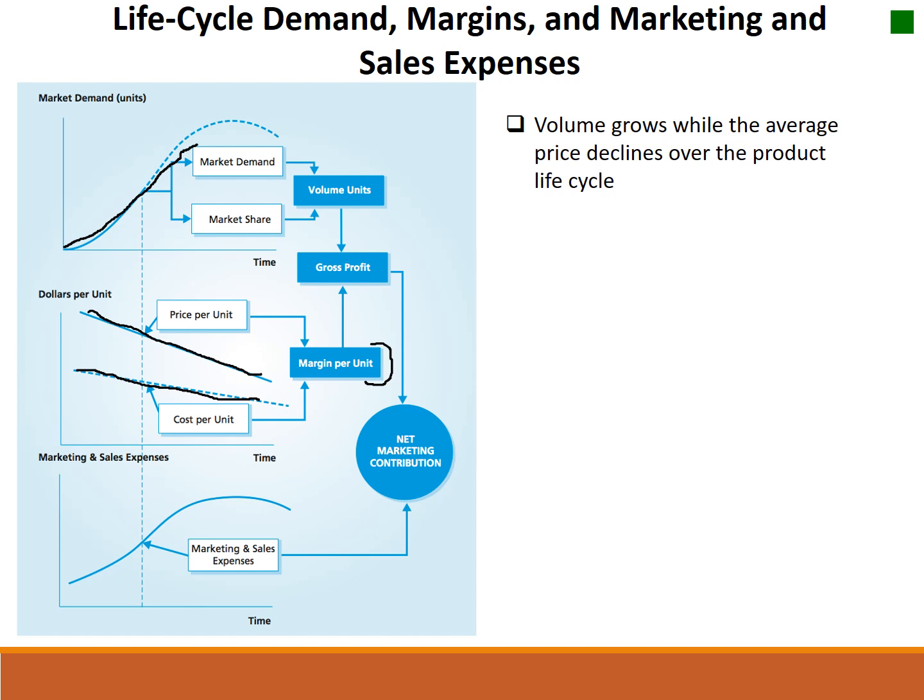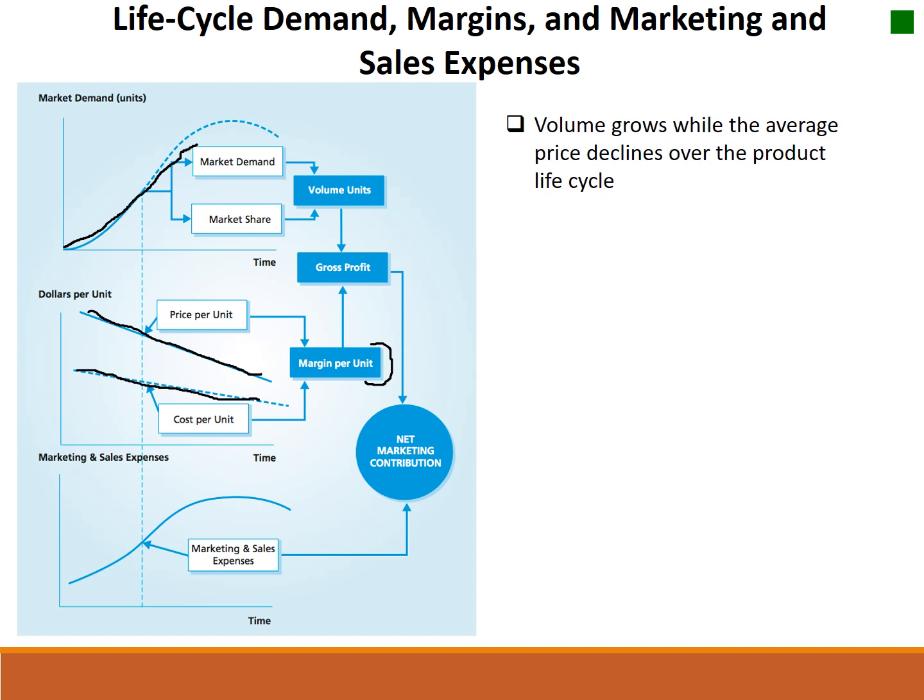So in this example or illustration, we have volume in units, which is measured by the demand curve. And again, this is typically drawn for an industry. This is an industry level curve. Within this curve here, our specific firm will have some market share, so some portion of the overall sales will be the ones that we're responsible for.